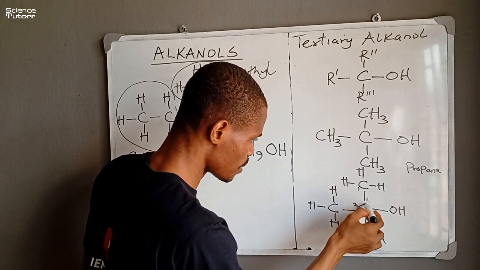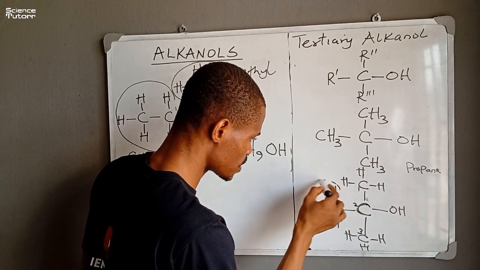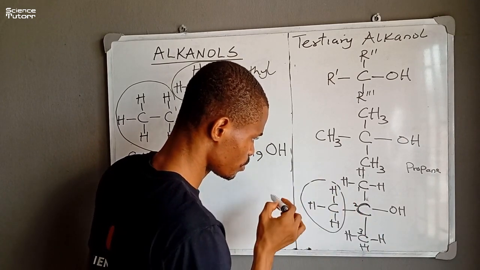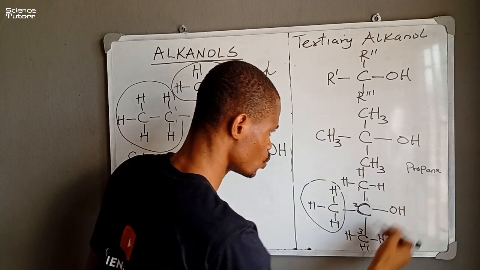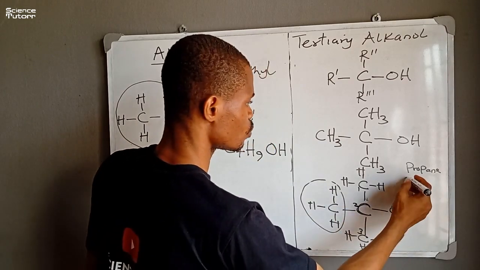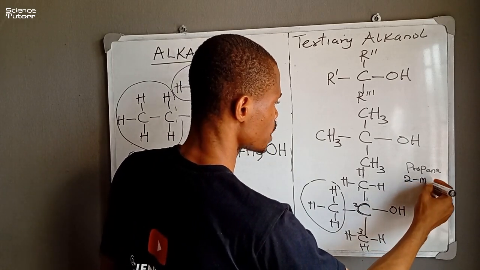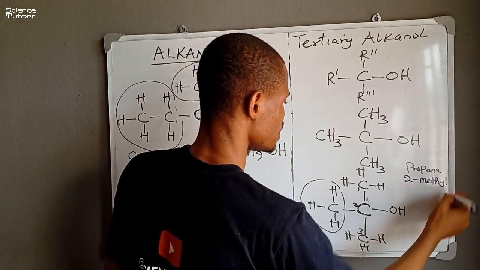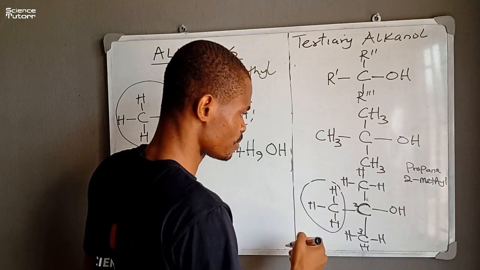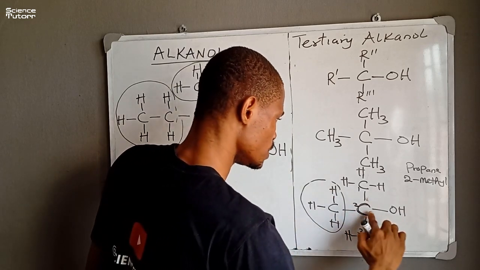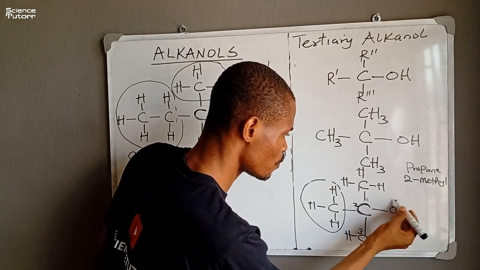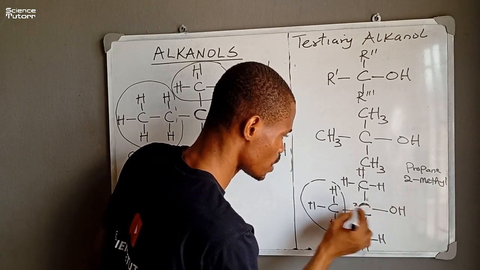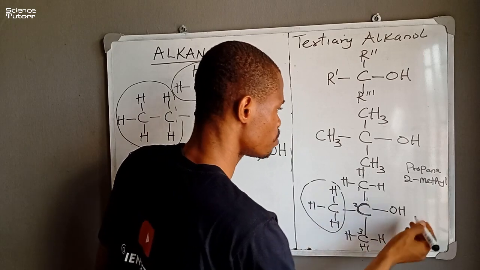At the second carbon atom, we have a methyl group. Still the same second carbon atom, we have the functional group. So in this case, we are going to expect 2-methyl. The functional group is at the second carbon atom, that's this carbon attached to the functional group.